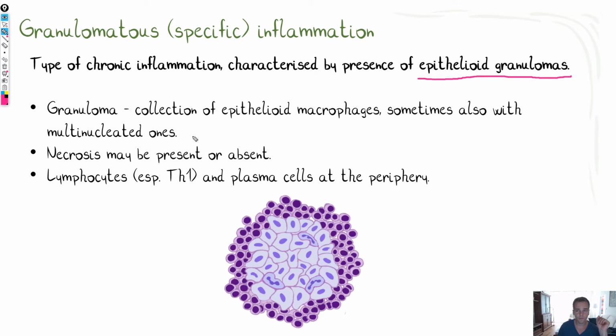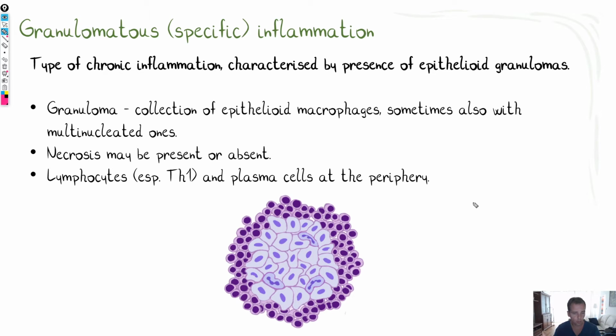What does it mean? What is a granuloma? Granuloma, basically, is a collection of epithelioid macrophages. The granuloma develops if the macrophage cannot do its job, which means swallowing, engulfing, phagocytosis. If the macrophage cannot engulf something for various reasons, the macrophages literally join forces.